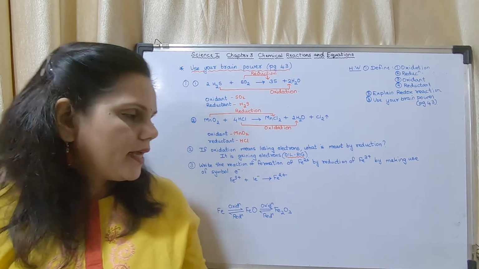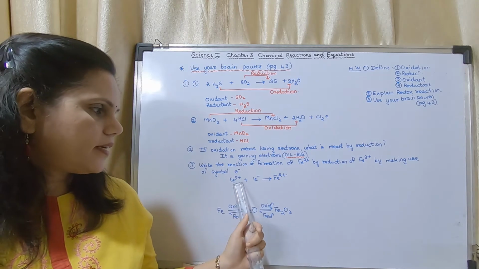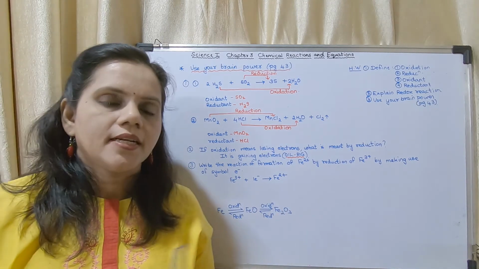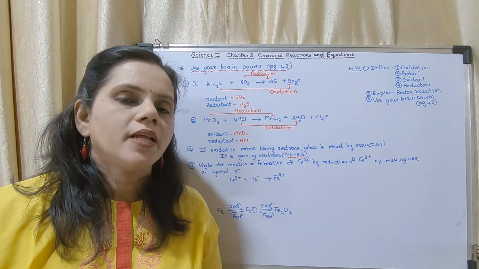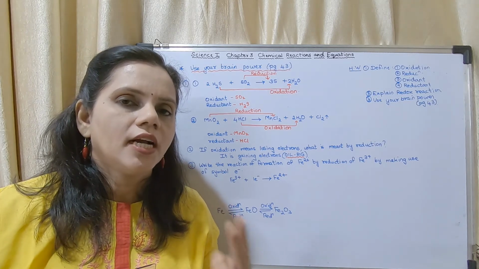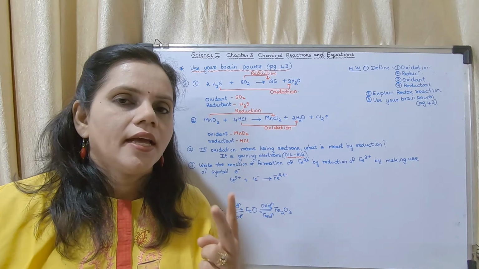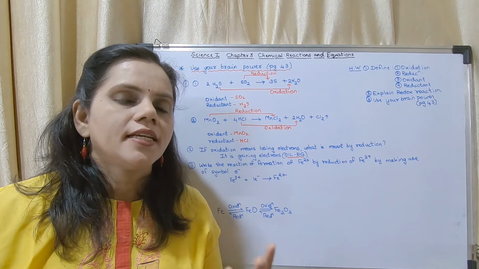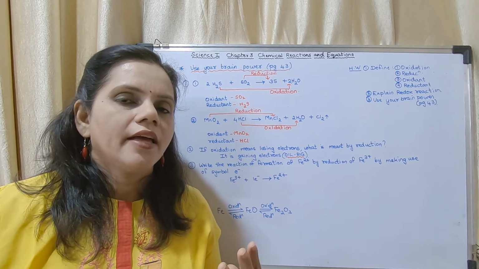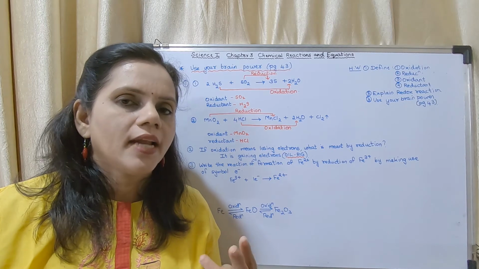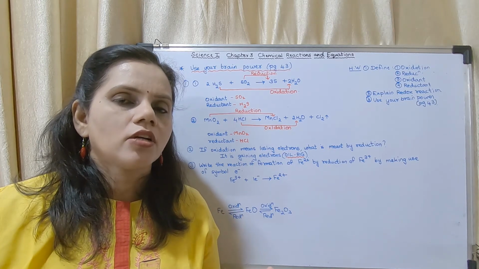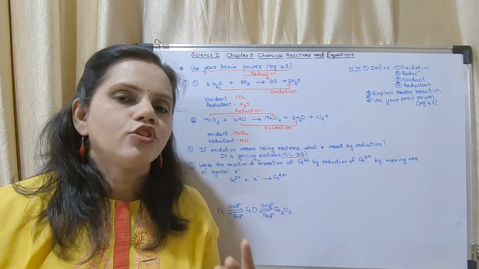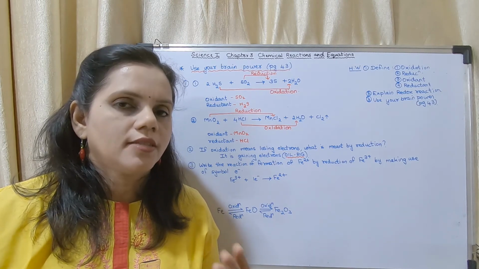So here, Fe3+ means 3 electrons less, and Fe2+ means 2 electrons less.